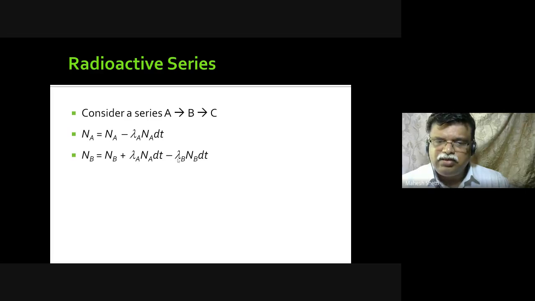And the third term, minus lambda B NB dt, is the rate at which B is disintegrating. But it is disintegrating at a different rate, because this is lambda B and this is lambda A. The rate at which B is getting created is decided by the decay constant of A, and the rate at which B is disintegrating is decided by its own decay constant.